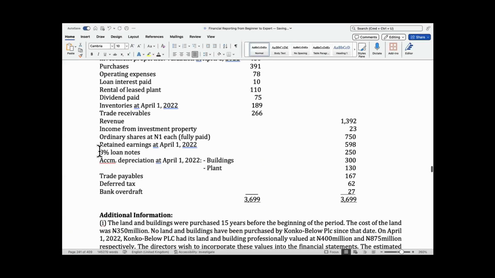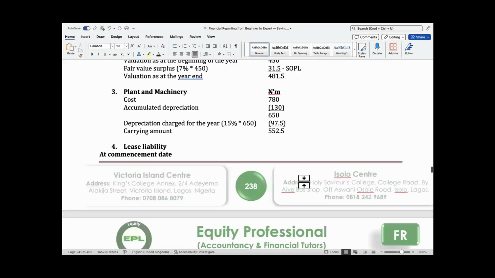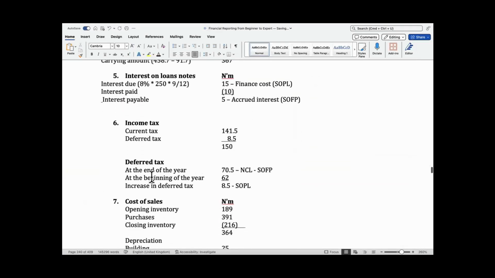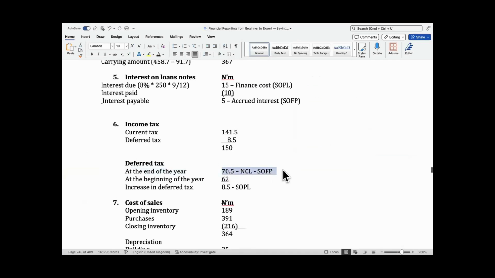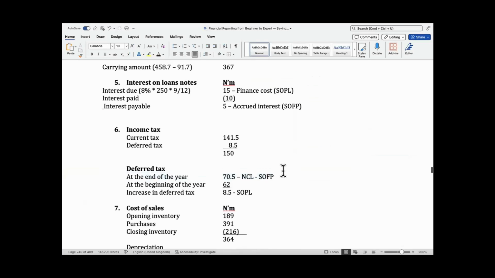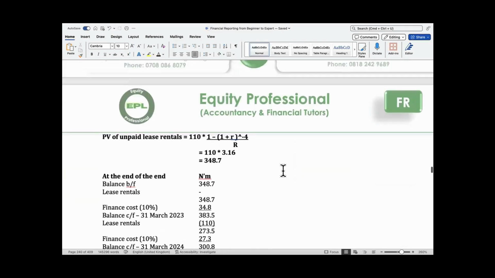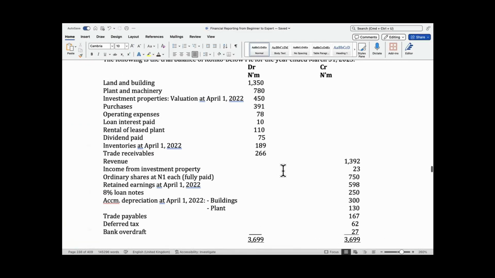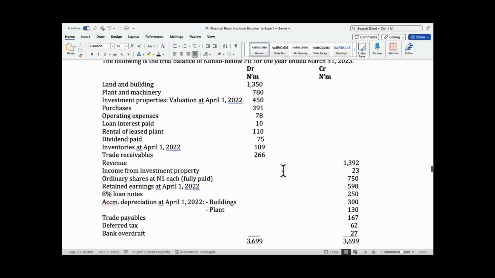Where is it? Yeah, this one. Well, the deferred tax here, I told you we'll go to non-current liabilities, which is the estimate of the deferred tax at the end of the year, 70.5.